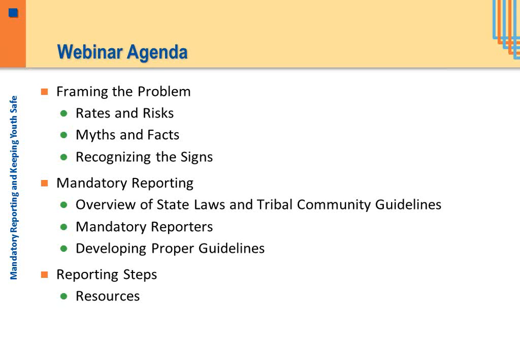In the second section, we're going to talk about mandatory reporting and briefly give you an overview of state laws and tribal community guidelines, talk a little bit about who is a mandated reporter, and it really depends on the behavior of focus, and emphasize the importance of developing proper guidelines and talk through some of the resources. And the final part of the webinar will discuss steps for reporting as well as resources for you, for the youth you serve and their families.